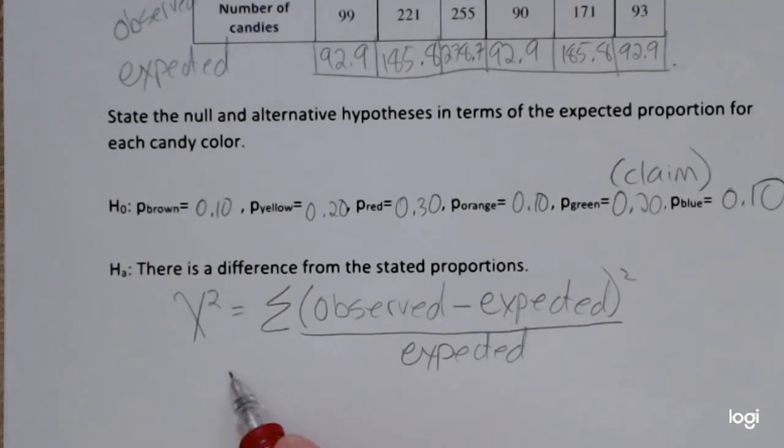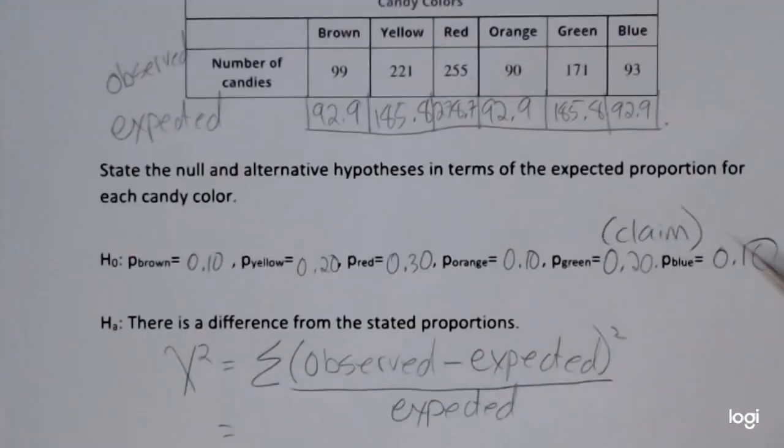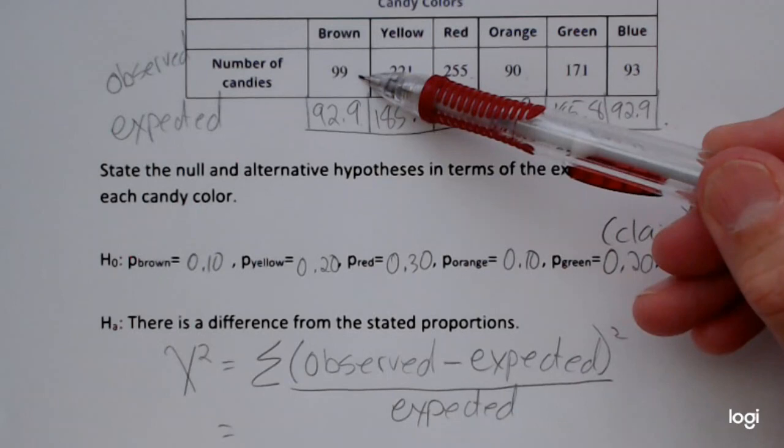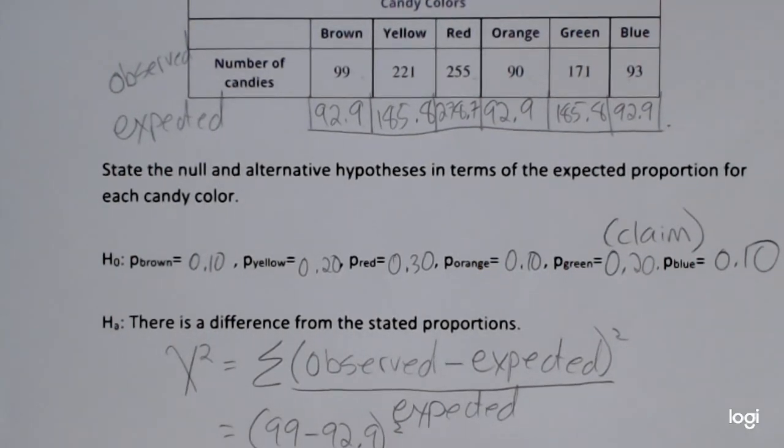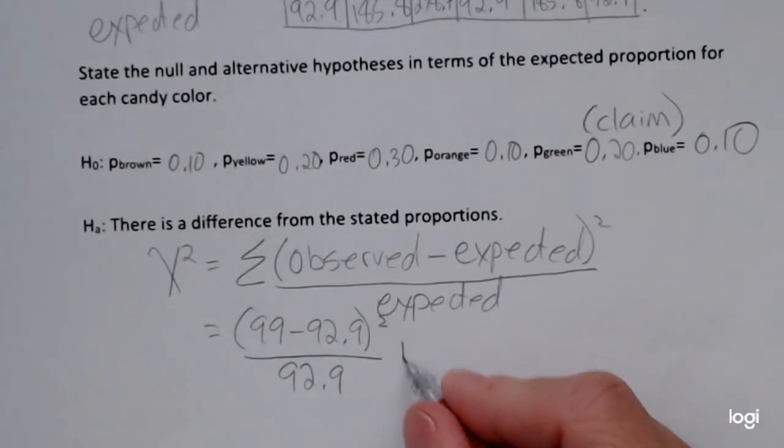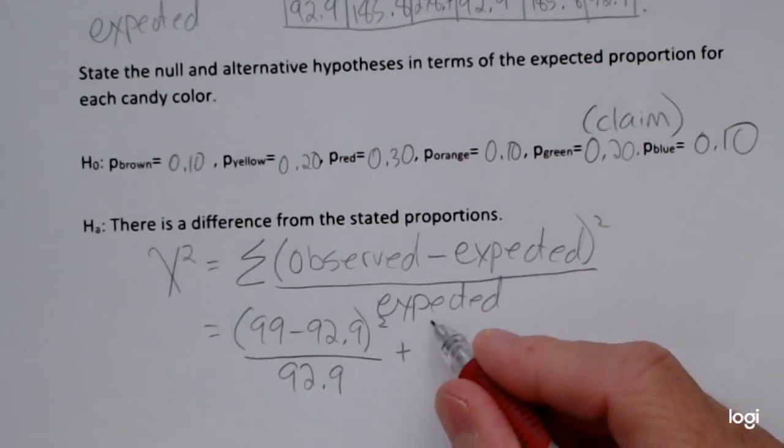If I were to do this by hand, I would take the observed for brown, 99, minus the expected 92.9, square that difference and divide by the expected, and then add it to the next category, which is yellow.